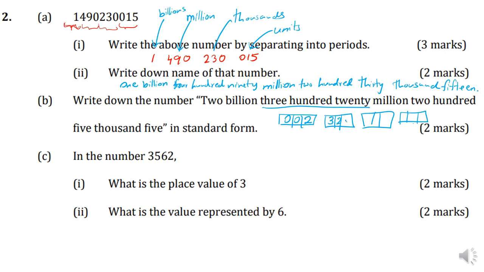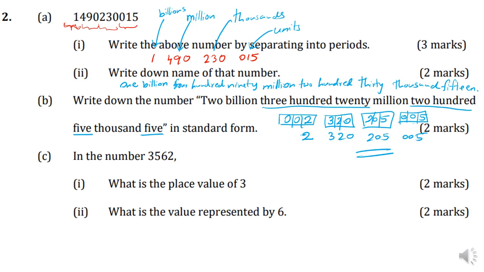You can write 320 here. And how many thousands? 205,000. How many units? 5. Only 5 units. 0, 0, 5. So your number should be like this: 2,320,205,005. So this is the way you should write this in the standard form.